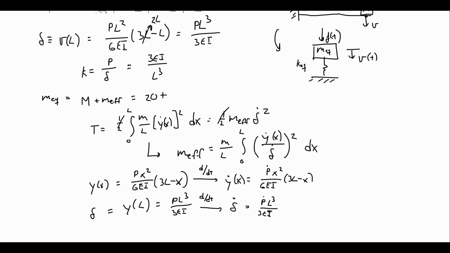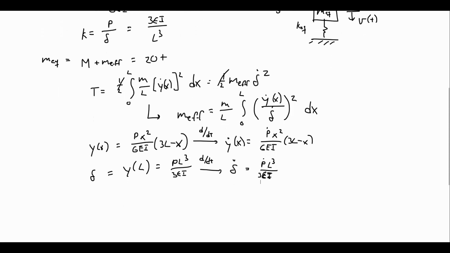Right, so again, we have this P dot, that applied force can change in time, but it's not going to really matter for what we're calculating, because we want this fraction of y dot of x over delta dot. So if I take what I have so far, I have this P dot x squared times (3L minus x), and I have here 6EI, and I divide it by delta dot.